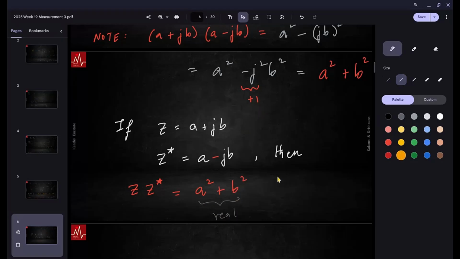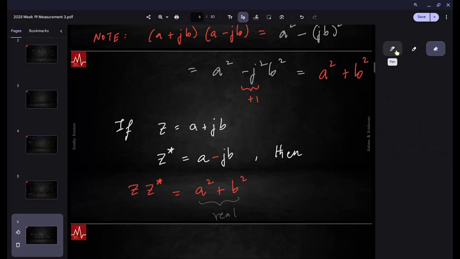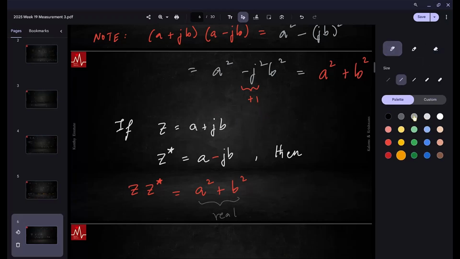This happens to be the amplitude of Z, so the amplitude of Z is the square root of a square plus b square. Not only that, this happens to be the amplitude of Z squared.